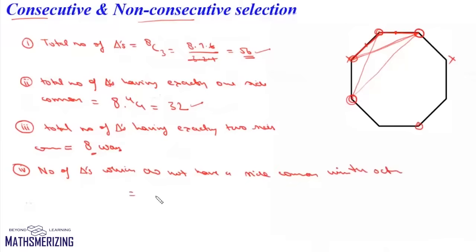It will be given by the total, which is 56, minus triangles with one side common and triangles with two sides common. So it'll be 56 minus 40, which is simply 16. So there'll be 16 triangles which do not have a common side with this given octagon.